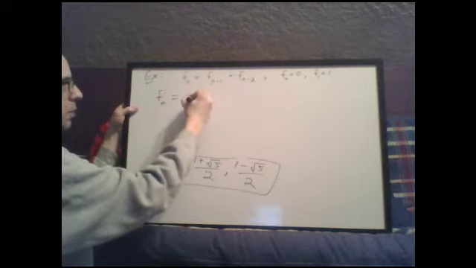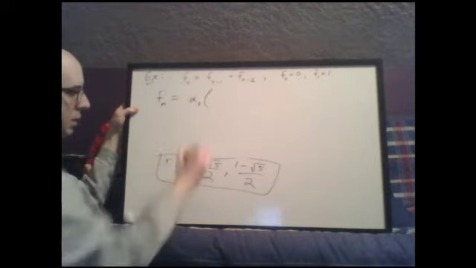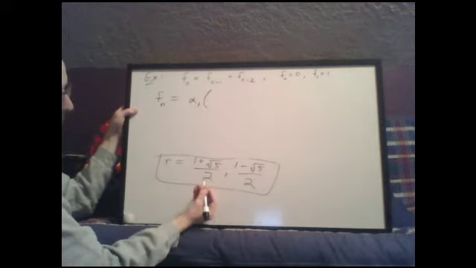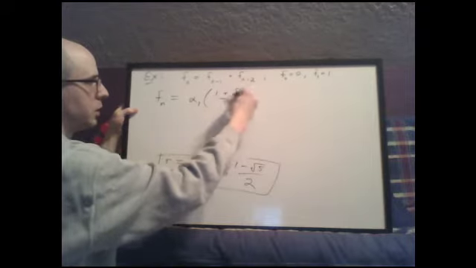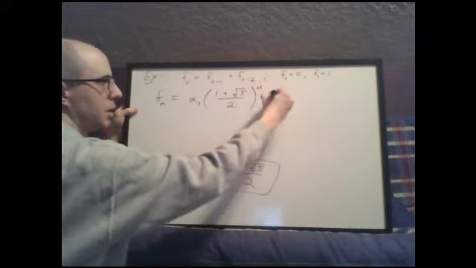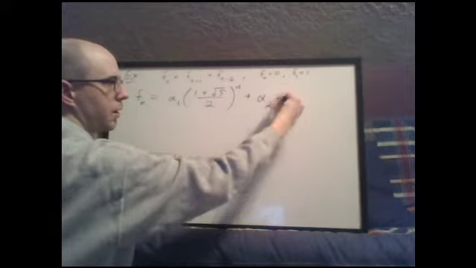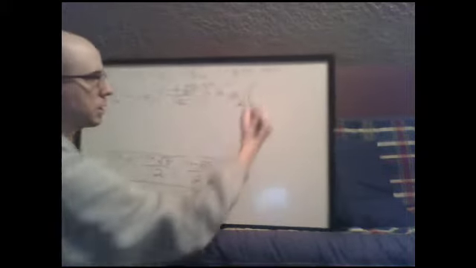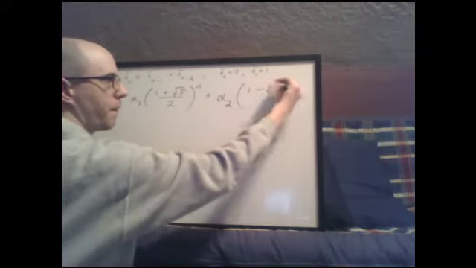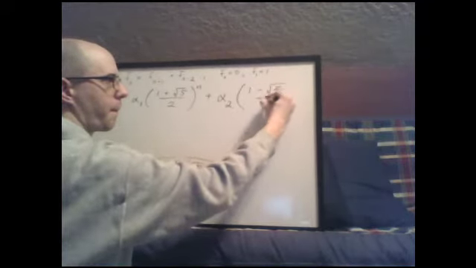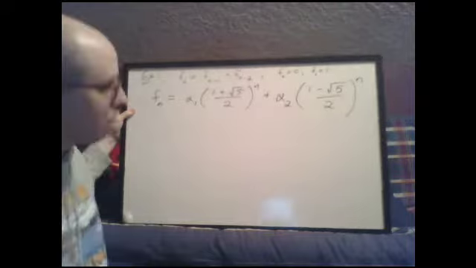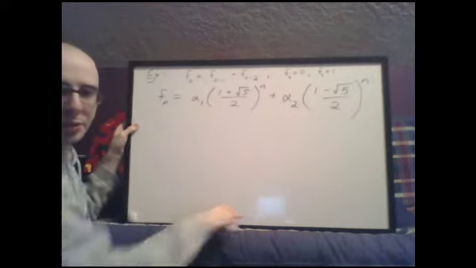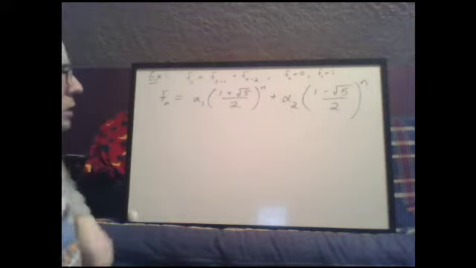Fn will have the form alpha 1 times the first of our roots, it doesn't matter which is first, so 1 plus square root 5 over 2 to the n, plus alpha 2 times our second root to the n. Alright, now I can erase my roots. So there's our general solution to the Fibonacci recurrence.